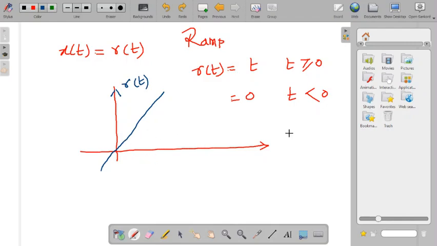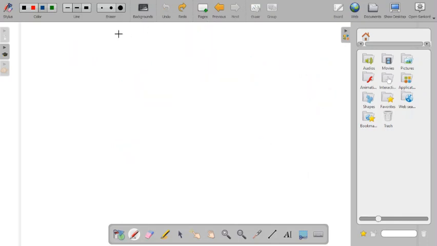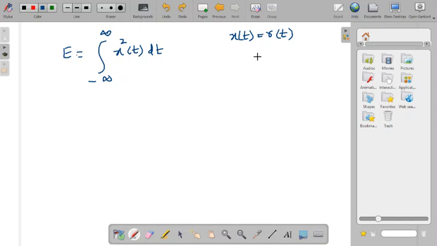So we want to test whether this signal is an energy signal or a power signal. So let us go ahead and test. Energy is given by the integration from minus infinity to plus infinity of x square t dt. Now here x(t) is equal to r(t), which is equal to t for t greater than or equal to 0 and is 0 for t less than 0.